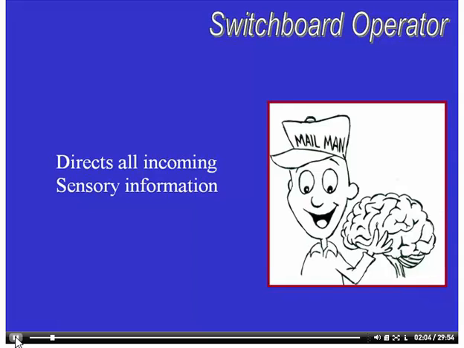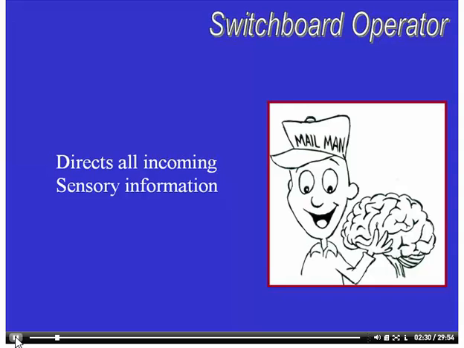And then it went in, and there was a little man in the head, and the little man would say, "Hold on, let me connect you, hold on, let me connect you," and then it would put the information where it went. But another way that you could think about it besides the switchboard operator is the mailman: all the information goes into the post office, and then the post office sends the letters to where they're supposed to go.